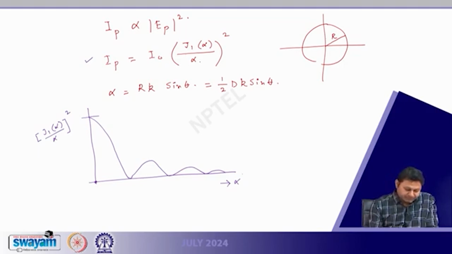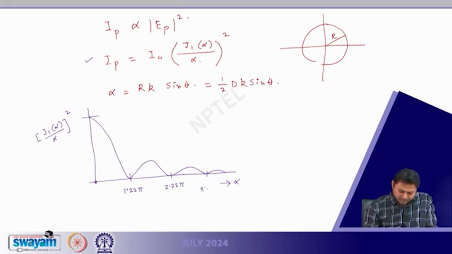So that means we get a maxima here. This is the point where J1 is vanishing, and we know where J1 is vanishing. We showed that it is 1.22 pi, this is 2.22 pi, and it is around 3.24 pi, something like this.